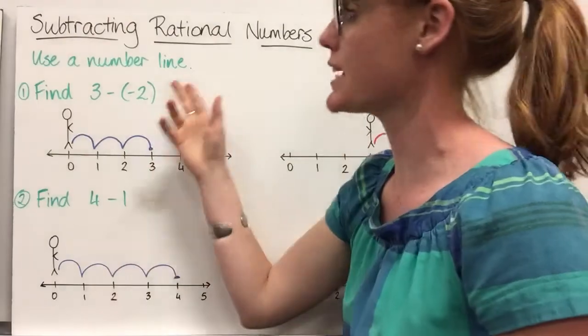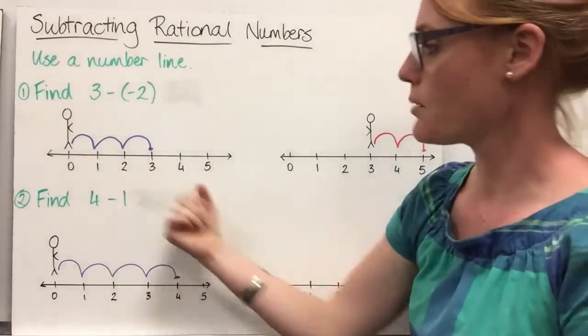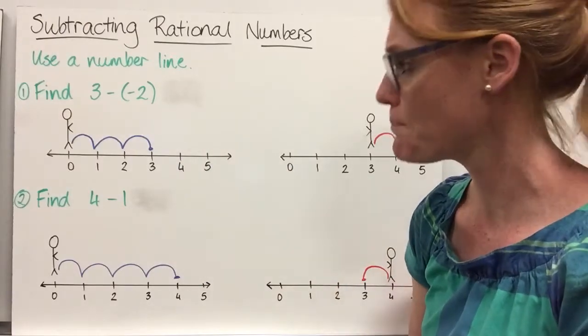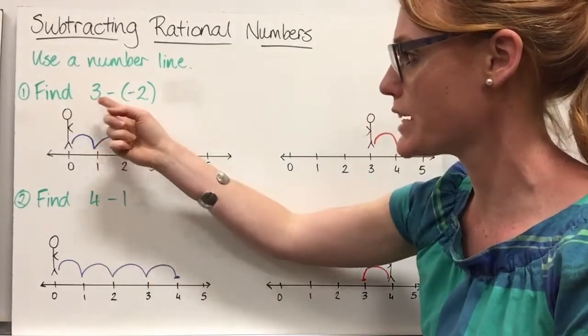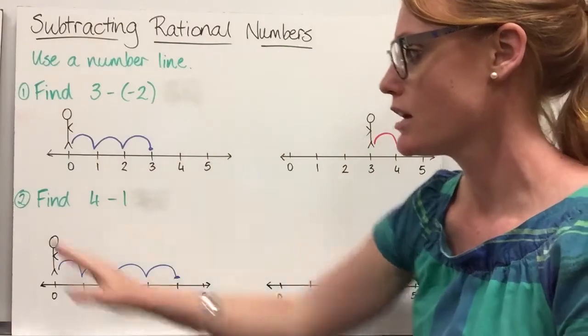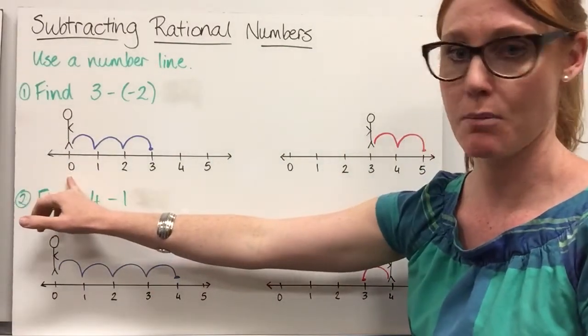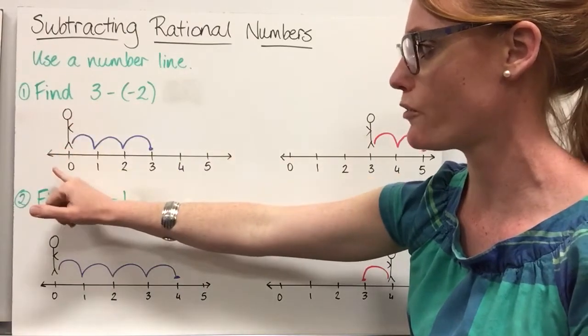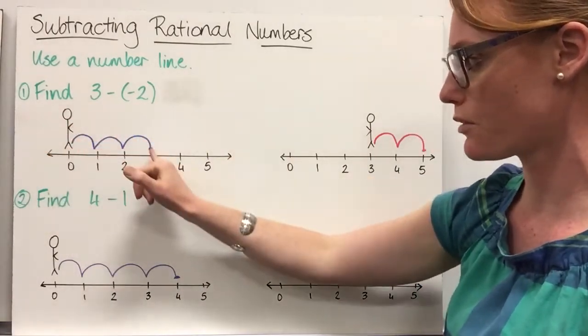Subtracting rational numbers using a number line. So going back to our stick figure walking along our number line, we're going to find 3 subtract -2. We always start on 0 facing the positive direction, and our first number that we need to get to is 3. So we're going to walk forwards 3. 1, 2, 3.